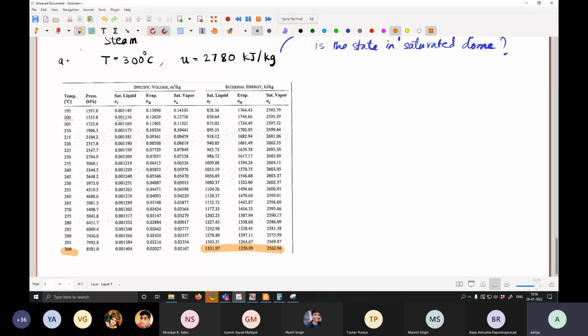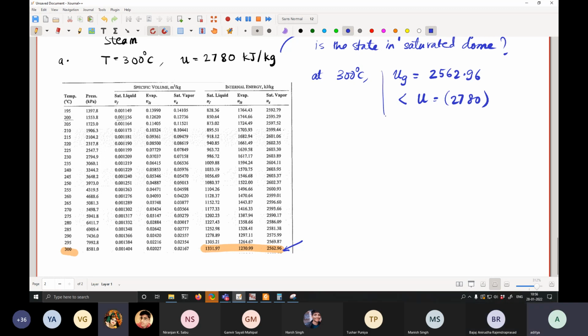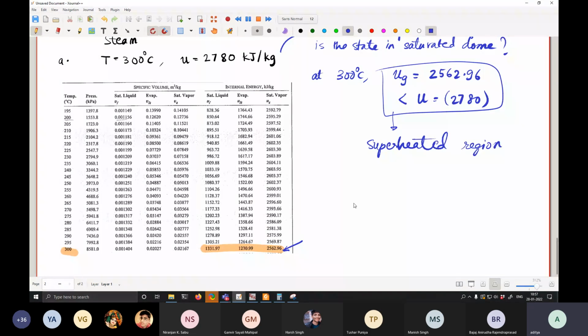At 300 degrees Celsius, the specific internal energy of the vapor is 2562.96, which is less than what we have. It means that the state is at a higher energy than the saturated vapor. What does it imply, everyone? It is in the superheated region.